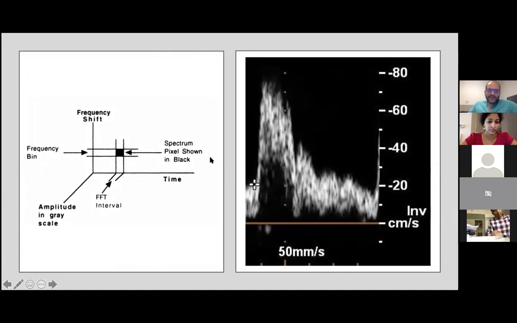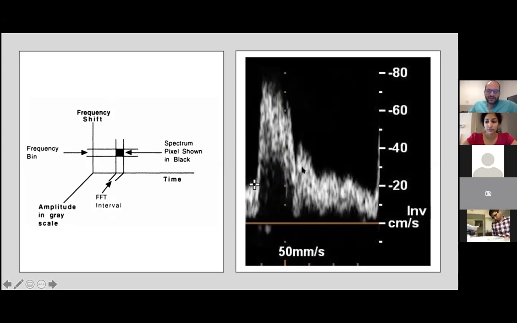We know that there are actually three points of information that are placed on a spectral Doppler. One of them is the frequency shift, which is the centimeters per second. The second part is the time, which is along this axis over here. And the third part of it is something that may not be appreciated as well, which is the amplitude of signal. And the amplitude of signal is how white is it?